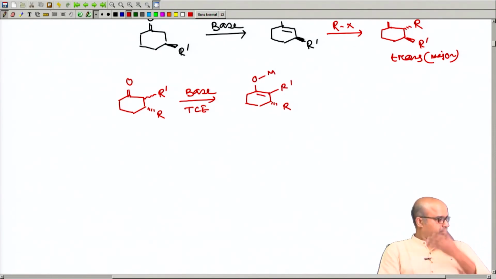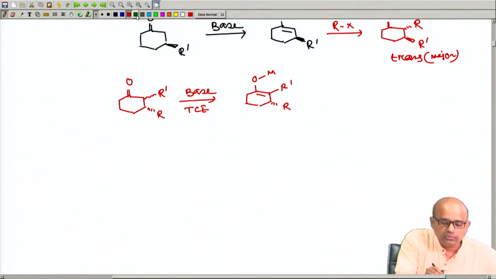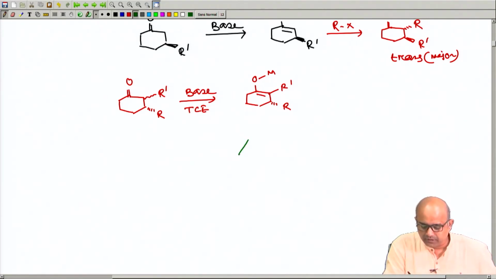Now, this compound you can eventually try to draw in two different ways. The first one, you try to draw this way.